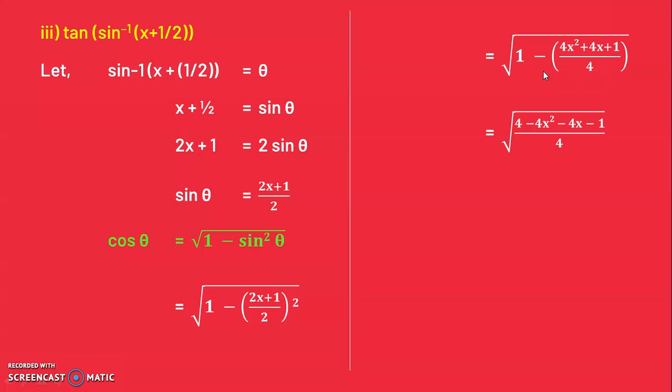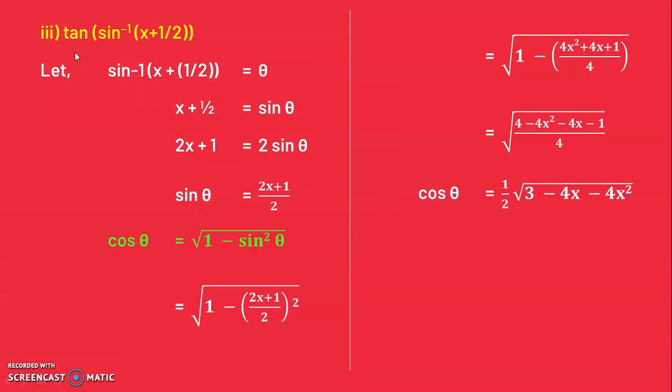If we take the LCM here, we will get 4 minus, and multiplying the minus with all these terms, we get (4 minus 4x squared minus 4x minus 1) the whole divided by 4. The square root of 4 is 2, so the square root of 1 by 4 is 1 by 2. Therefore we have taken out this 1 by 2 here, and this is equal to the square root of 4 minus 1, which is 3, minus 4x minus 4x squared. So this is your cos theta.